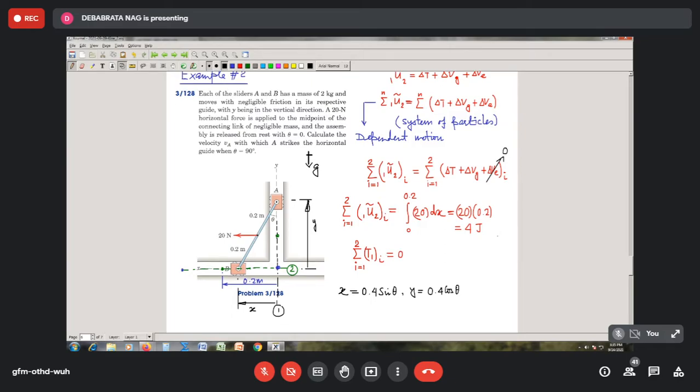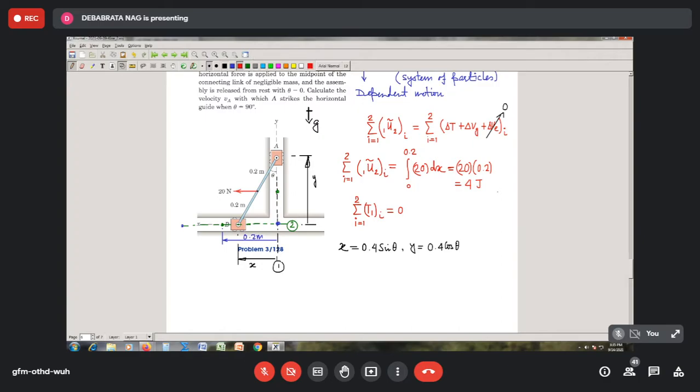If we differentiate these two variables with respect to time, what I will see is x dot, which is the velocity of this block B at any position where theta is this variable. It becomes equal to 0.4 theta dot, because theta is changing, it is not constant, cos theta, and y dot is equal to minus 0.4 theta dot sin theta.